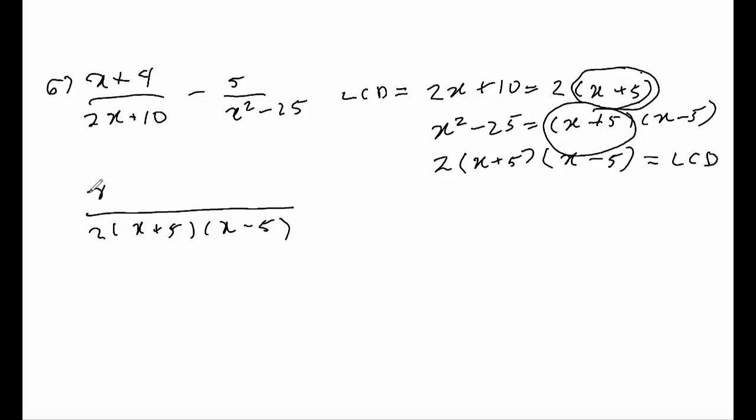So we have to take the x plus 4 and multiply it by the x minus 5. For the next term we do the same thing. We look at the denominator here, the one with the difference of two squares, and the only thing that's missing that is over here is the 2. So it's going to be 2 times 5.